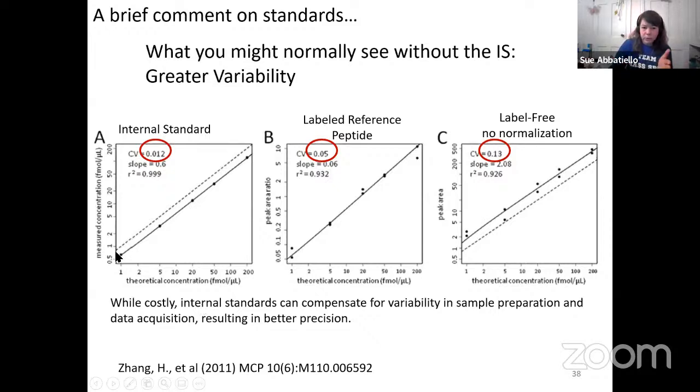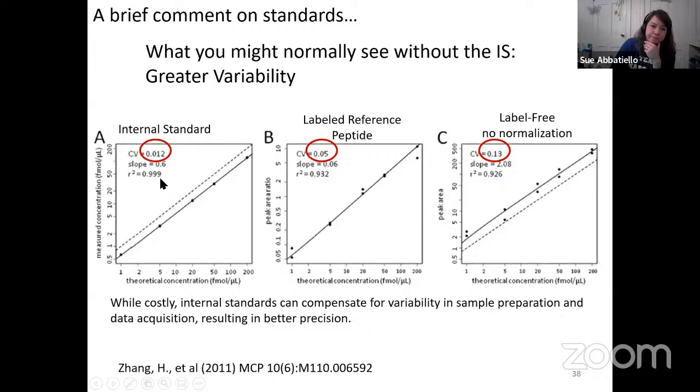All of these are individual concentration points, obviously, and they are plotted as measured concentration in femtomole per microliter of that peptide versus theoretical concentration, what we think we actually spiked in. And here on the left-hand side, we had an internal standard. So the measured concentration is that analyte divided by the internal standard, multiplied by the amount of heavy that was spiked in, and this gives us the femtomole per microliter concentration.